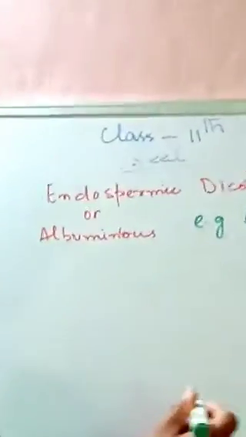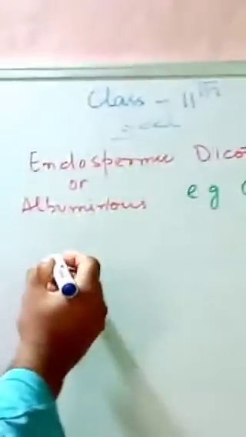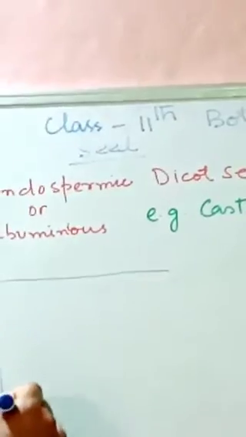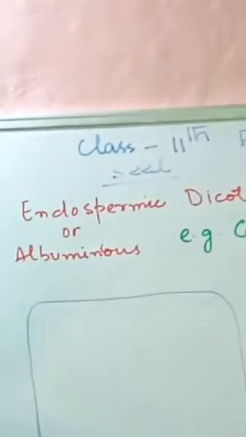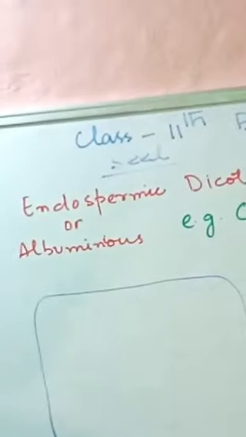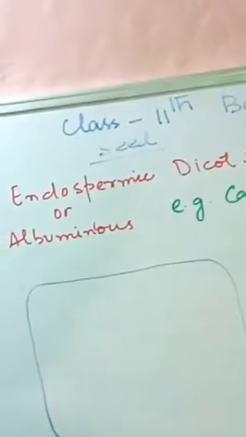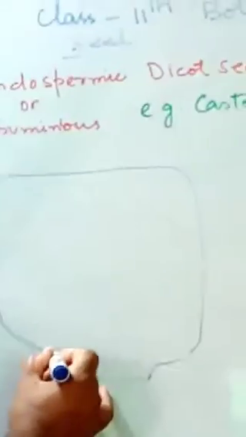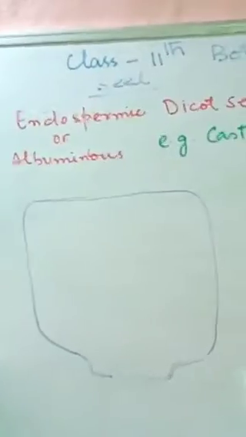If we draw the diagram, we will find the diagram like this. Somewhat broader as compared to that of the non-endospermic dicot seed.